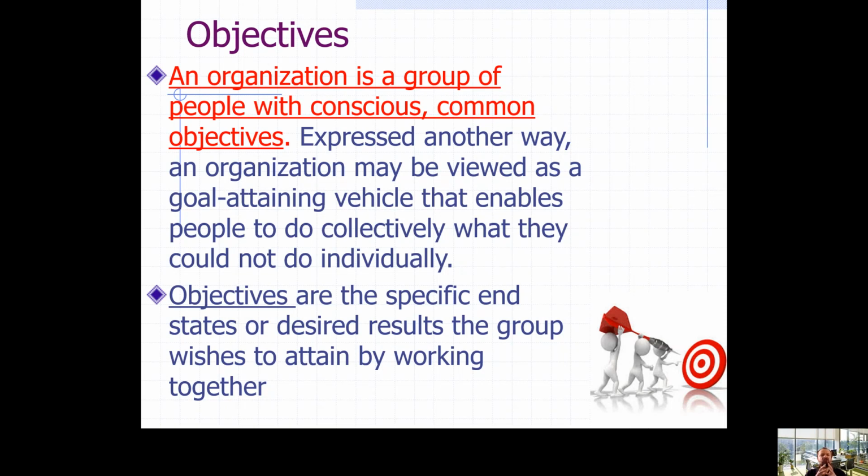It could be a state, or it could be a result. Okay, to open a new store is a state. To increase profitability by 9% by the end of the year is a desired result.